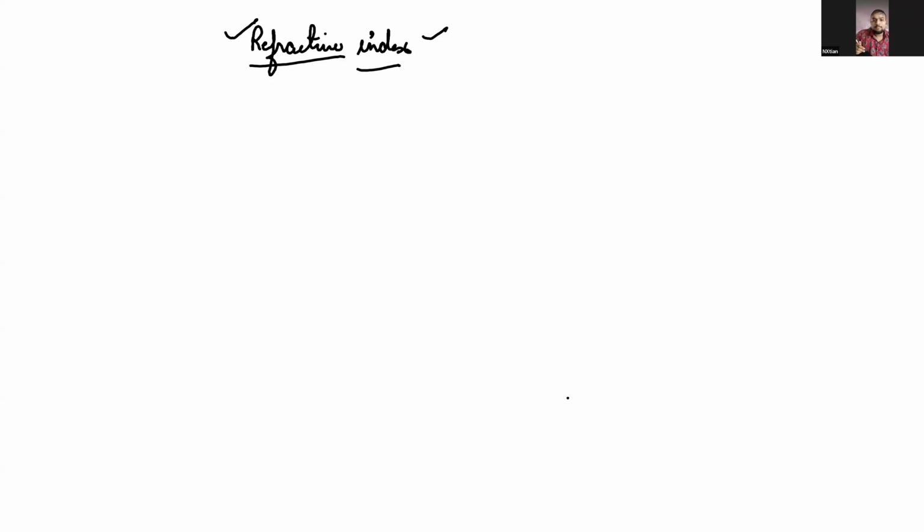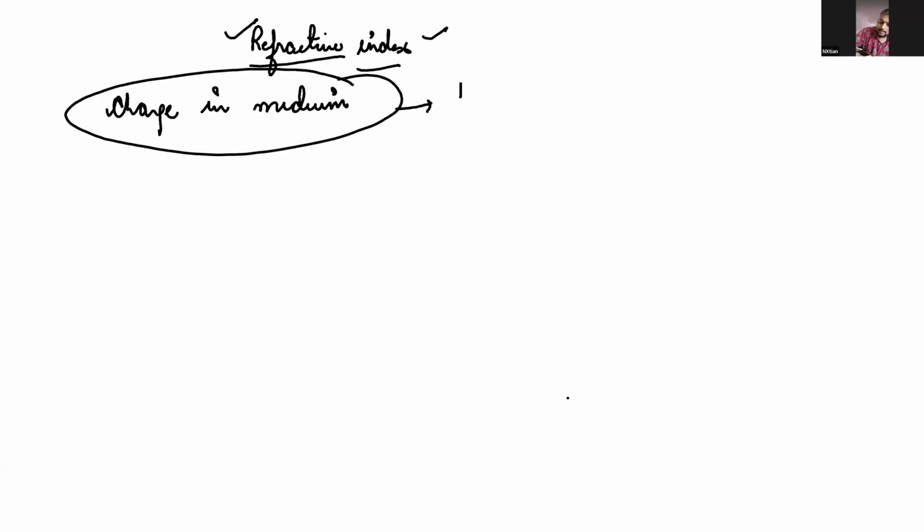Because of the change in medium, there is a bending of light. So I told you, whenever there is a change in medium, there is always bending of light.